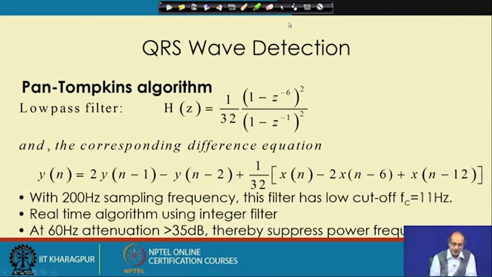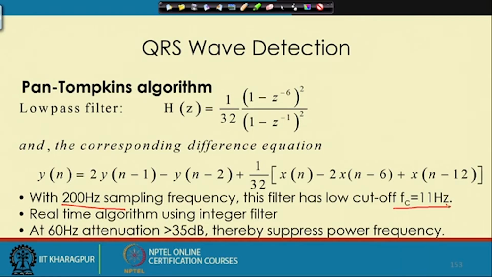They have taken the signal sampled at 200 hertz sampling frequency, and for that this filter has a cutoff frequency of 11 hertz. So, it has a very low cutoff, which means the maximum part of the signal is retained and the noise, of course, any high frequency above 11 hertz, will get eliminated.